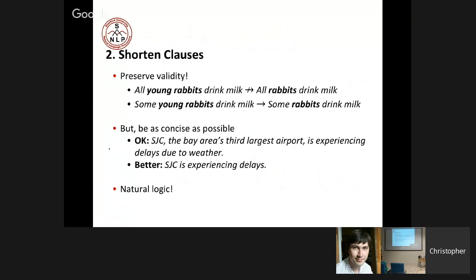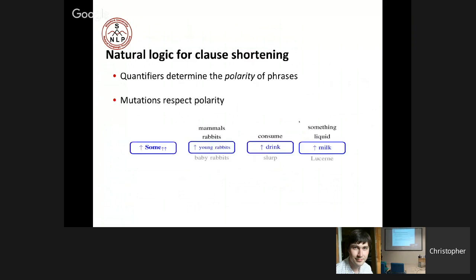And so the object, again, is to use the natural logic idea that we can shorten clauses in any way that preserves validity. So from "all young rabbits drink milk," we don't want to shorten it to "all rabbits drink milk," but from "some young rabbits drink milk," we can shorten it to "some rabbits drink milk." In that way, we use natural logic to get these short little snippets of language which are still valid.